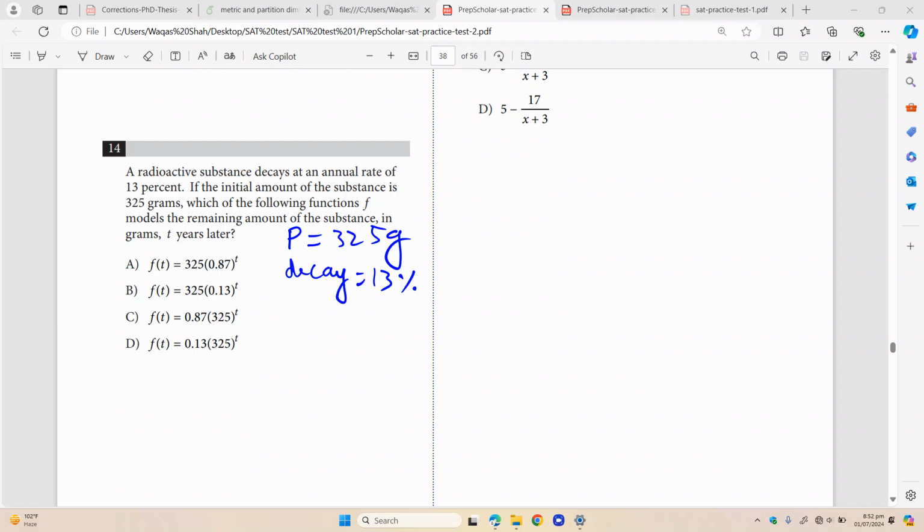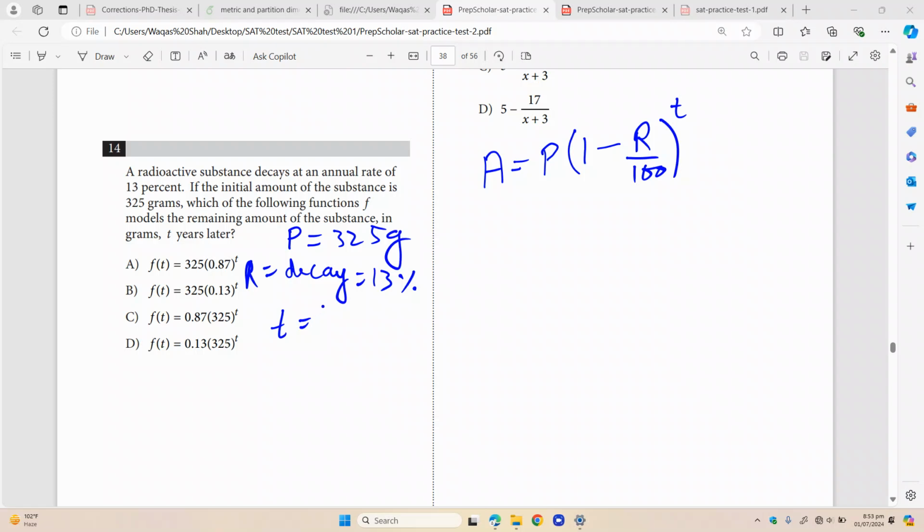We can use this formula: remaining amount is equal to present amount times 1 minus the rate of decay. If we represent the rate by r, it will be r divided by 100, and t is the number of years.